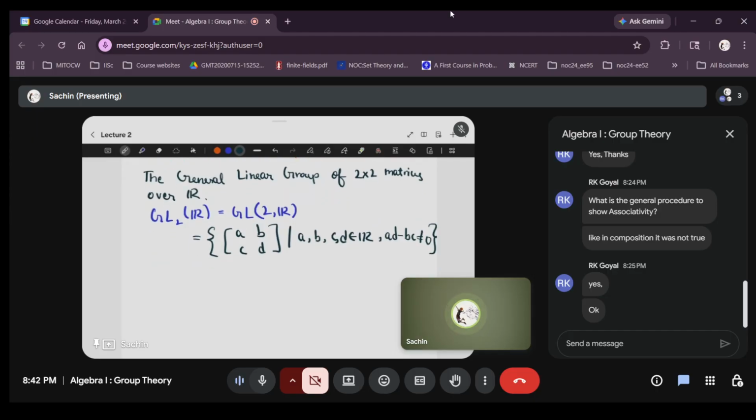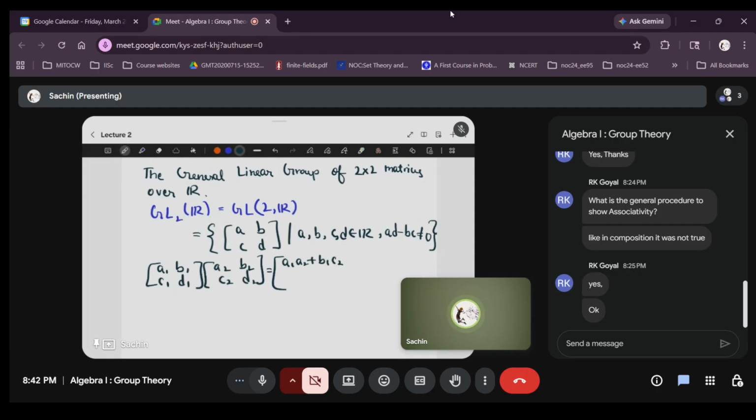Now in this group, we have already seen this in school, but I'll just write it out anyway. The operation is the product of two matrices: A1 A2 plus B1 C2 is the first entry, then A1 B2 plus B1 D2, C1 A2 plus D1 C2, C1 B2 plus D1 D2.